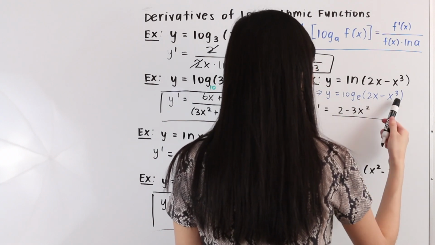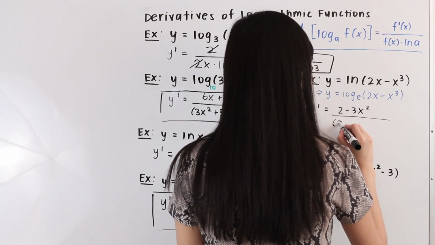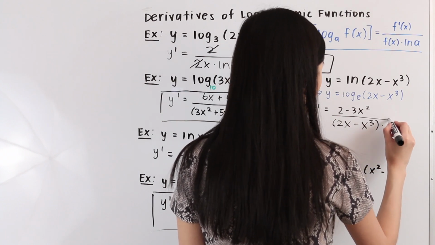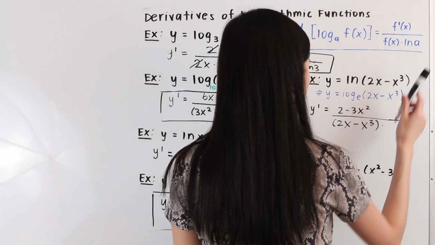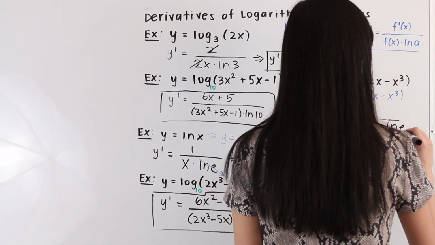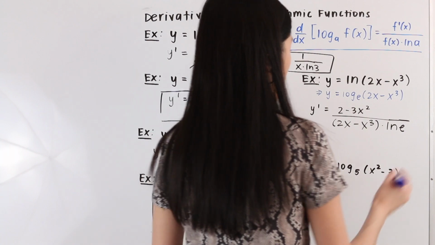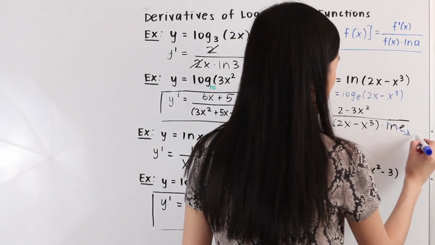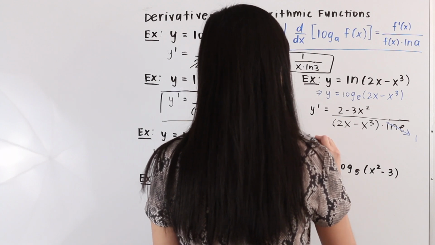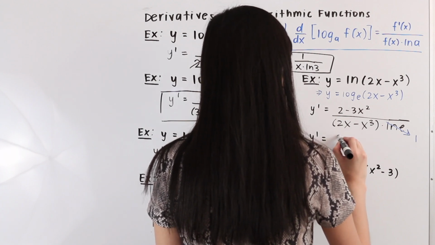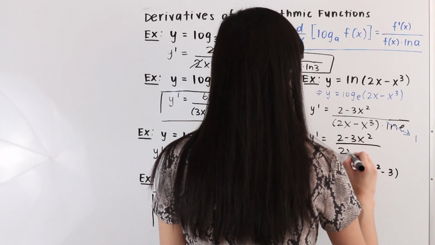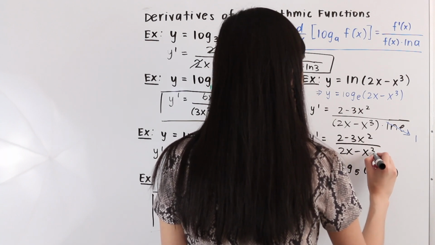So let's go ahead and rewrite this function. So we have 2x minus x cubed, and we're going to multiply by the natural log of our base. So here our base is equal to e, so we're going to multiply by the natural log of e. And remember that the natural log of e is just equal to 1, so we can simplify this and we can rewrite this as y prime is equal to 2 minus 3x squared over 2x minus x cubed.